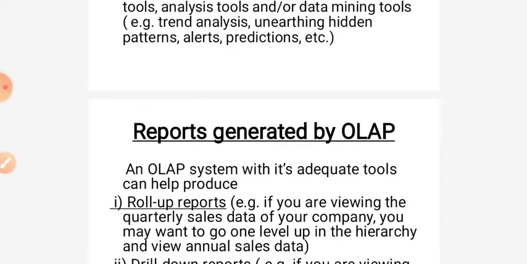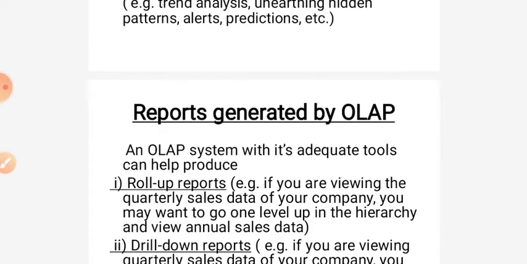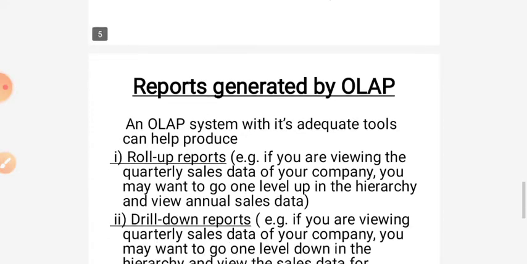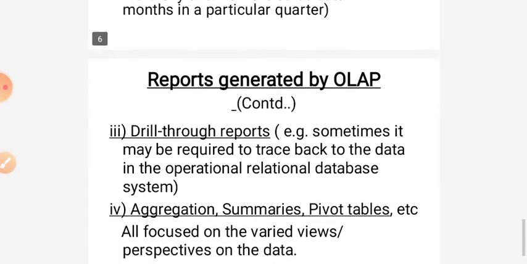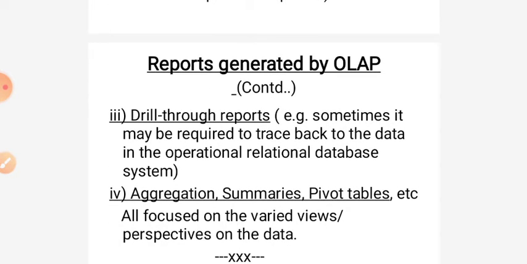Now there are various reports generated by OLAP. We will study them. An OLAP system with its adequate tools can help to produce different reports. For example, roll-up reports, drill down reports, then drill through reports, and aggregation summaries and pivot tables.